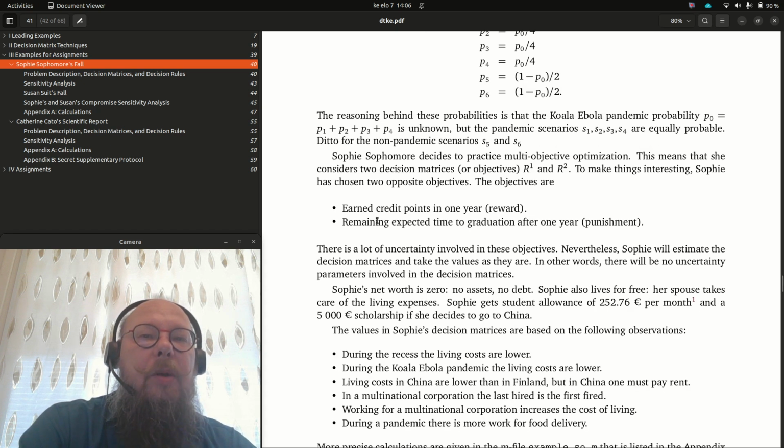And of course, to fix the numbers here, which is the most important thing in this decision matrix technique, it's difficult, and there is no mathematical formula how to do it, you just have to estimate them somehow, and then there is lots of uncertainty involved in these objectives. And maybe we should have 3 parameters for sensitivity there, but we will not do that. We will estimate the decision matrices and take the values as they are. So no uncertainty parameters will be involved in the decision matrices.